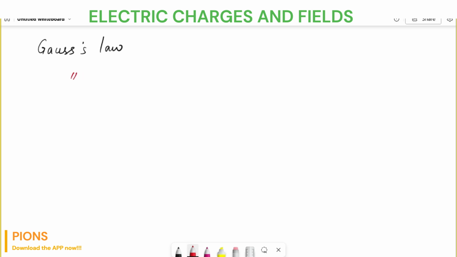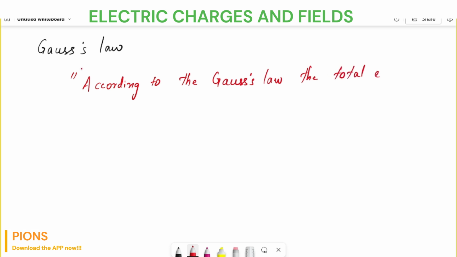Okay. So according to Gauss's law, the total electric flux coming out from a closed, I'll explain each and every word, okay? So keep patience, just write the definition first.